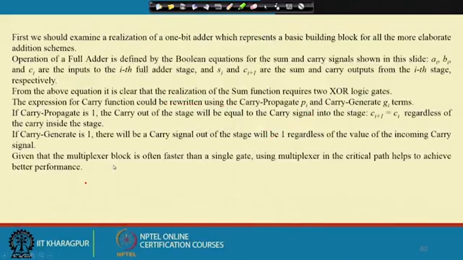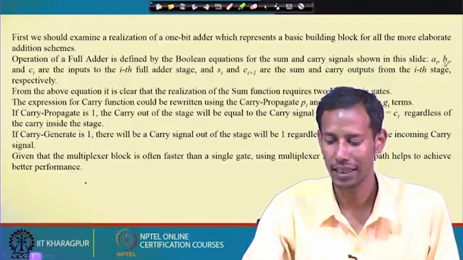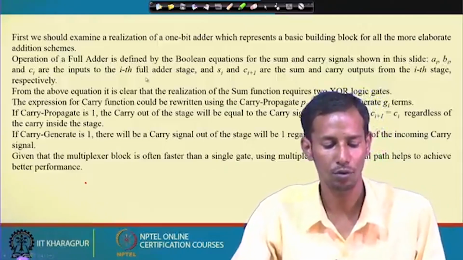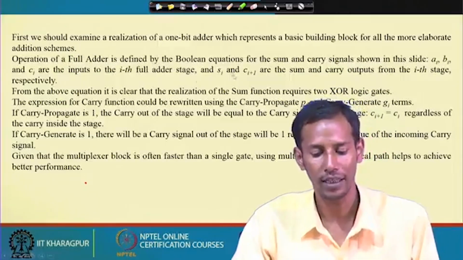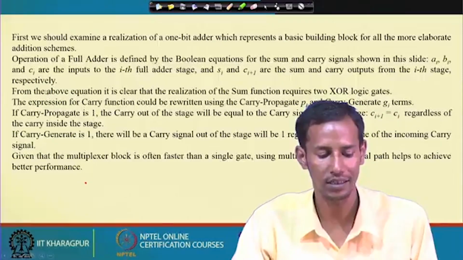Firstly, we should examine a realization of a 1 bit adder, which represents a basic building block for all the more elaborate addition operations. The operation of a full adder is defined by the Boolean equations for the sum and carry signals shown in this slide, where Ai, Bi and Ci are the inputs of the ith full adder stage, and Si and Ci plus 1 are the sum and carry outputs from the ith stage respectively.